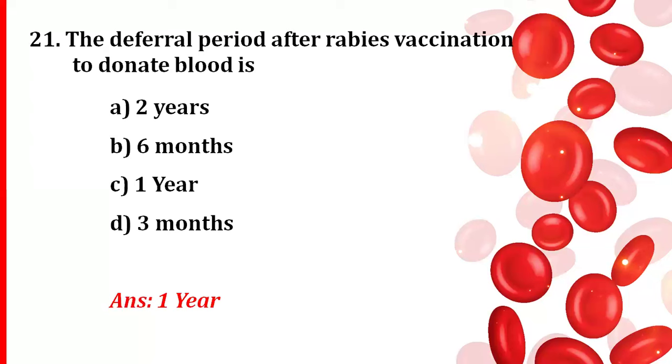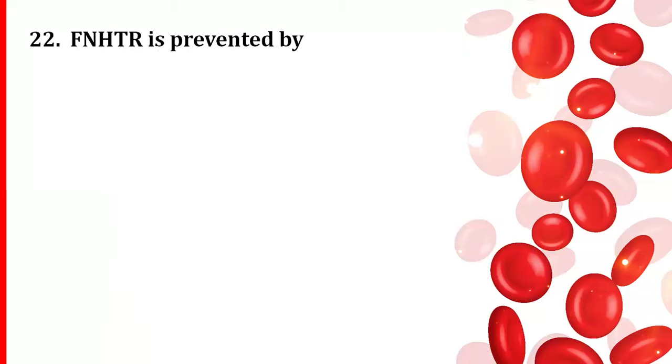But in the case of a non-exposed person, those who have taken the vaccine under pre-exposure prophylaxis, meaning before a dog bite, such as laboratory workers or persons at risk of developing rabies, it is accepted, but a minimum of 2 weeks they are not supposed to donate blood. In case of post-exposure prophylaxis, the deferral period is a minimum of 1 year, that is 12 months.